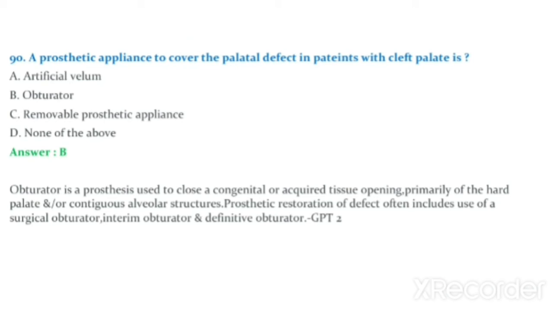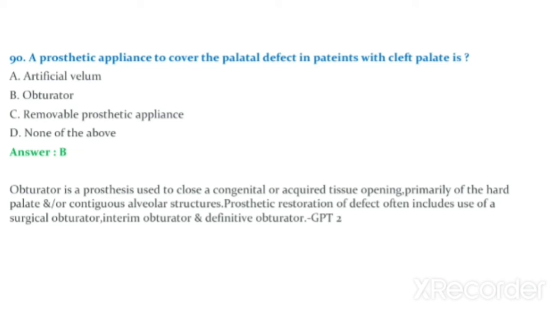Question number 90. A prosthetic appliance to cover the palatal defect in patients with cleft palate is: option A, artificial velum; option B, obturator; option C, removable prosthetic appliance; option D, none of the above. The answer is option B, obturator.